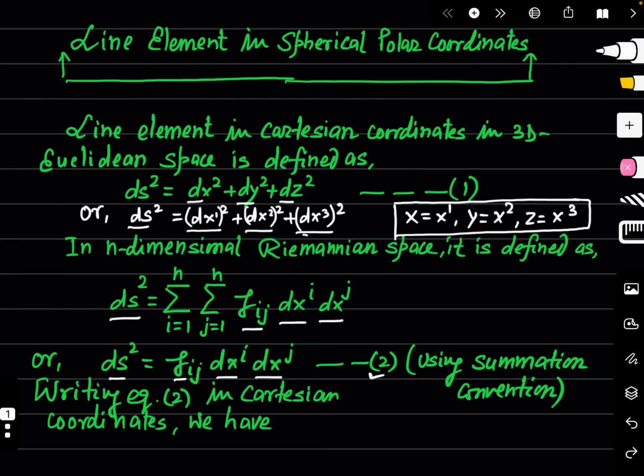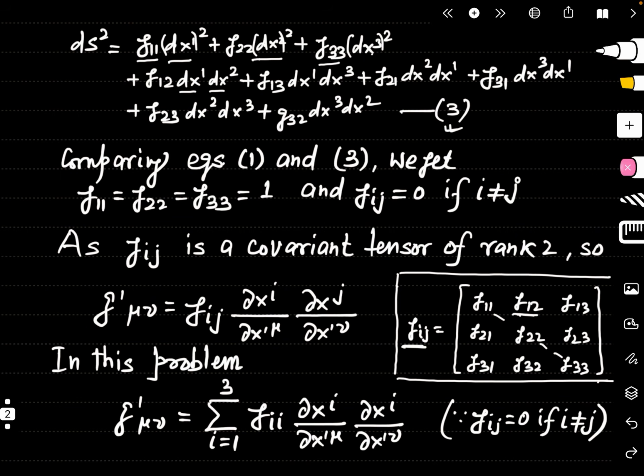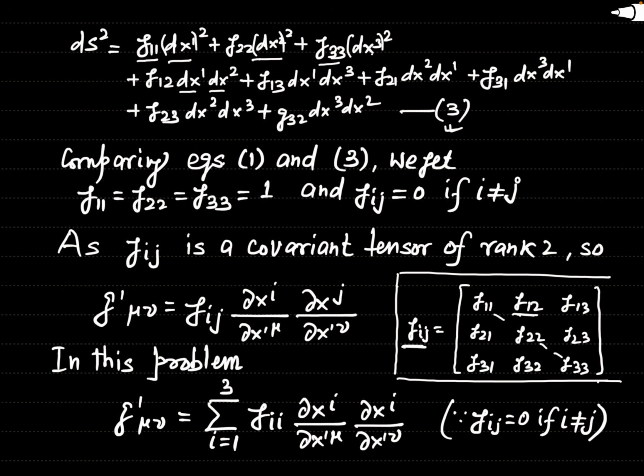It means you can say that this Gij will be equal to 0 if i is not equal to j, because all these terms will be 0. G12 is 0, G13 is 0, G21 is 0, G31 is 0.